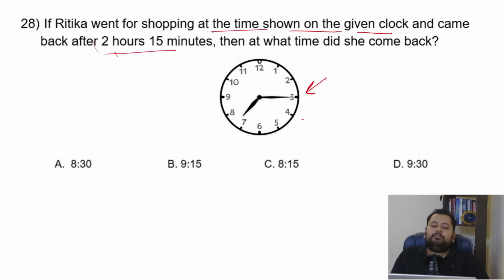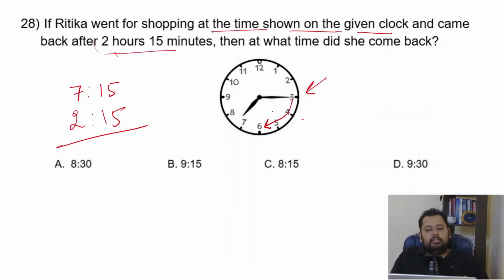Great. So the time being shown here is 7:15, right? It can be AM, can be PM. And then she came back after 2 hours and 15 minutes. So 15 minutes from 7:15 will be 7:30, right?